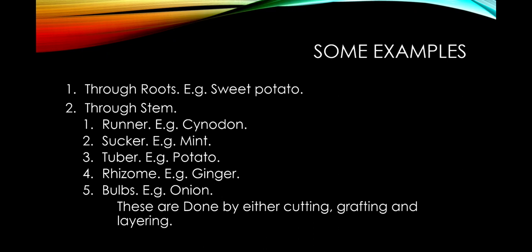You know that potato has eye spots, and when the potato is cut into several pieces, and each piece is sown in the soil, it forms a new plant. Then the rhizome, as in the case of ginger, and the bulbs, as in the case of onion. These are done either by cutting, grafting, and layering. Various methods are used, that is, this is a man-made method through which it is done.